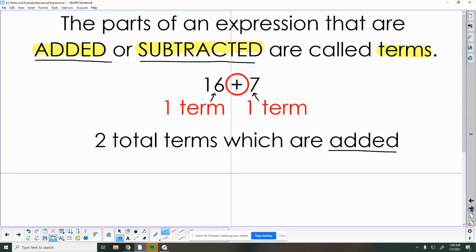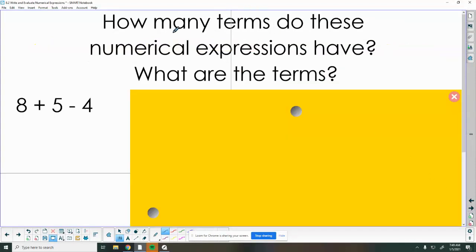So let's look at a few more examples here. We want to know how many terms they have and what they did with the terms. So remember, terms, we're looking for adding and subtracting signs. Multiply and divide are not terms, they are factors and quotients, so that is something different there.